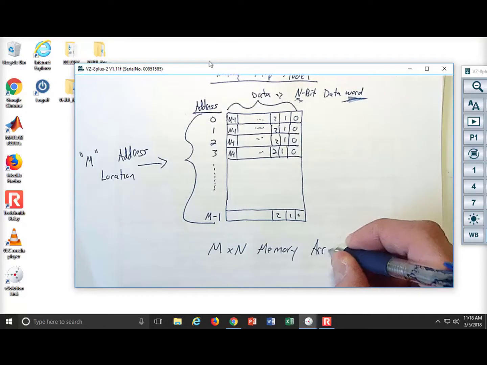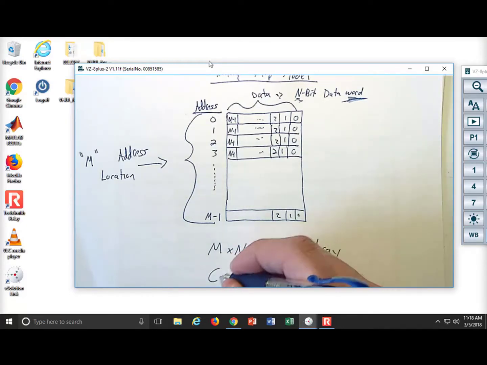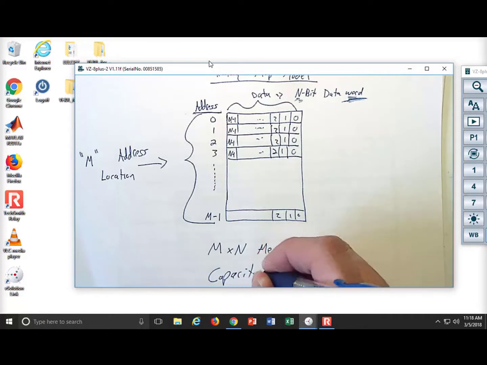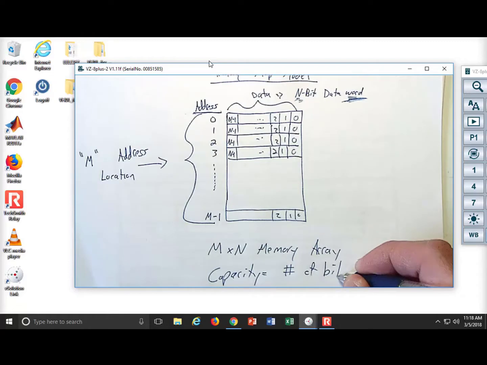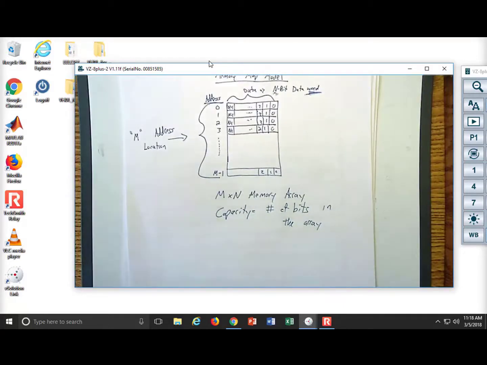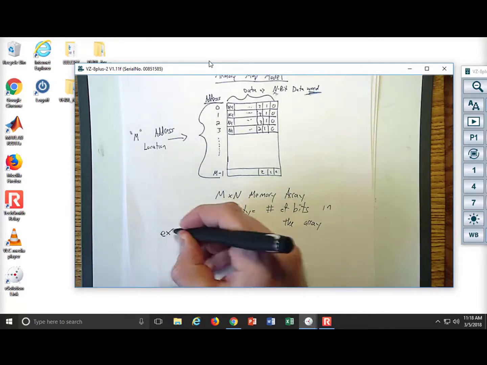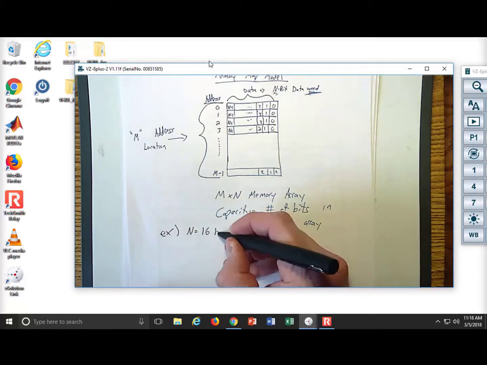Now, why is that important? It's because this starts getting to what we call the capacity, which is the number of bits, if you don't specify anything else, in the array. Okay? So let's just say that I have a memory array that has n equal to 16 bits. Okay?